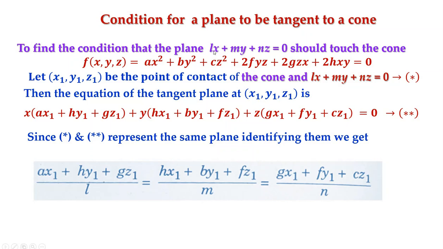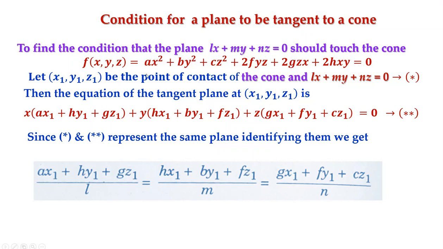So once these two are given, the condition required is the same thing with small a, small b, small c, all these replaced by capital A, capital B, capital C, capital F, capital G, capital H, and L, M, N. So here y is replaced by M and z is replaced by N, and so on.